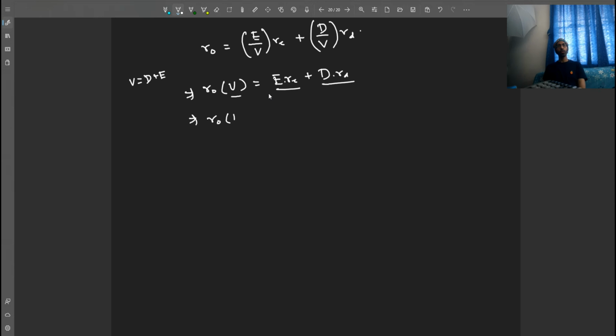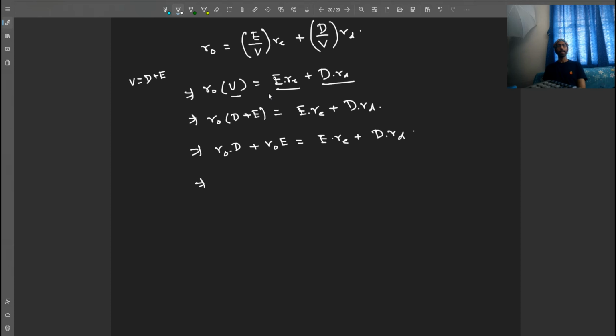R0 into D plus E is equal to E into cost of equity plus debt into cost of debt. This implies R0 into market value of debt plus R0 into market value of equity is equal to market value of equity into cost of equity plus market value of debt into cost of debt.